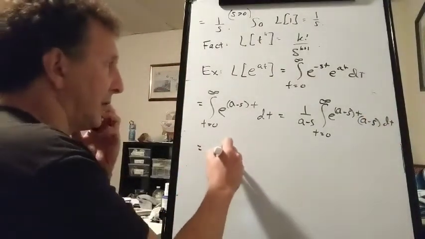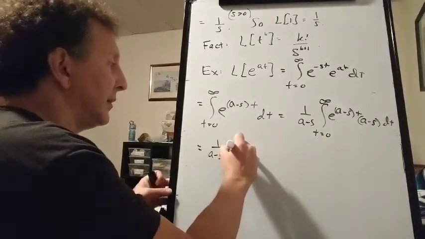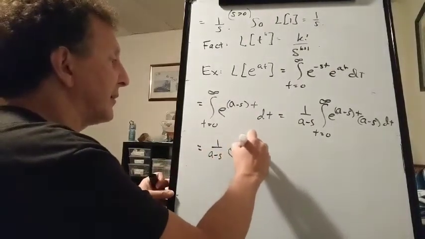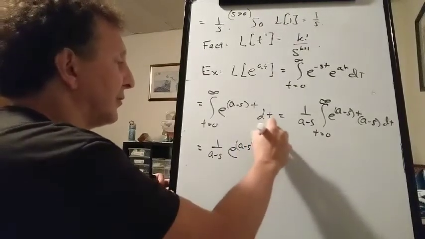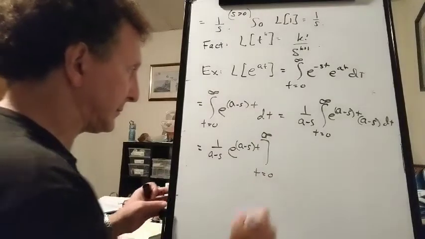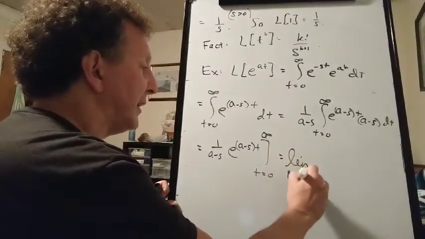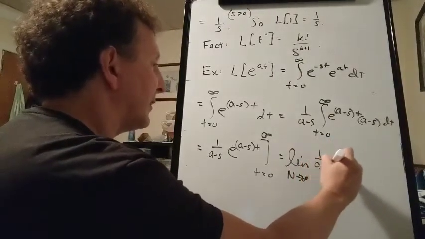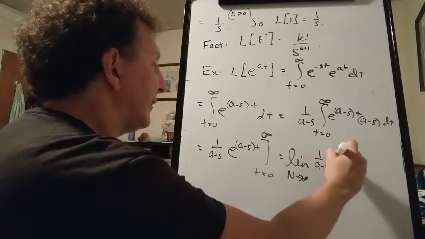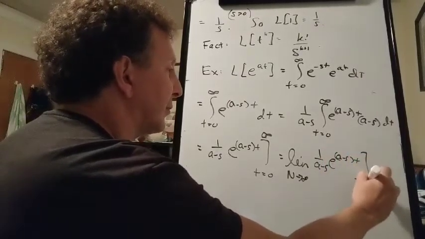So this is 1 over a minus s times e to the a minus s t as t goes from 0 to infinity. So it's the limit as n goes to infinity of 1 over a minus s e to the a minus s t as t goes from 0 to n.